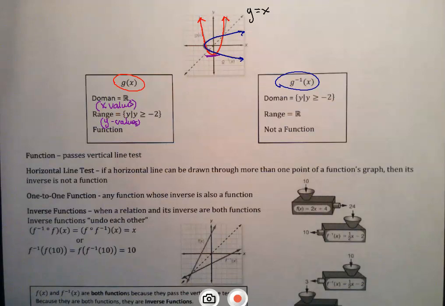However, let's look at the blue version, the inverse. What do you notice about the domain and the range of the inverse? The domain of the inverse is the range of the original, and they switch. The range became the domain. Here our x values, and that should say x.